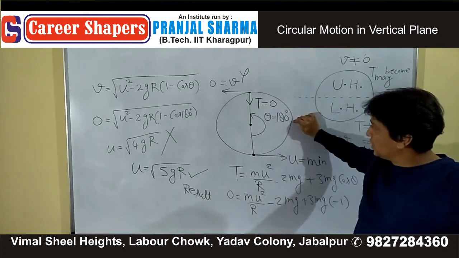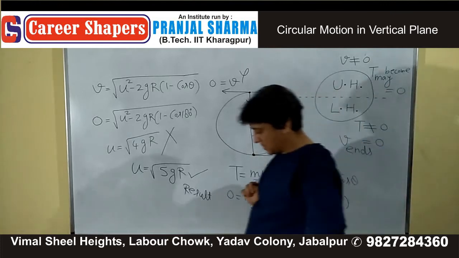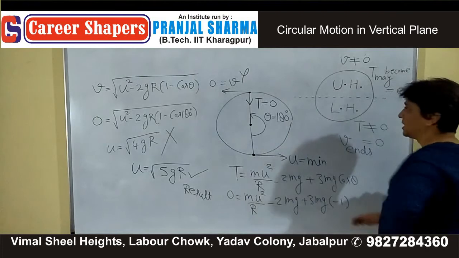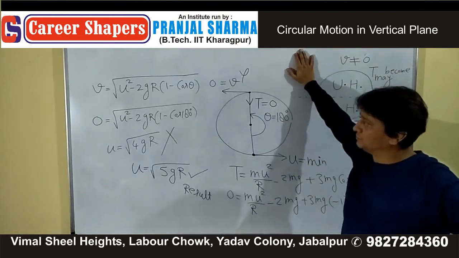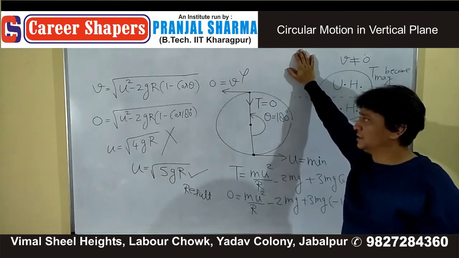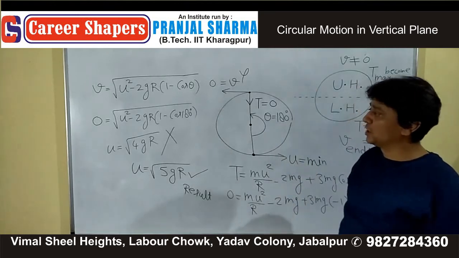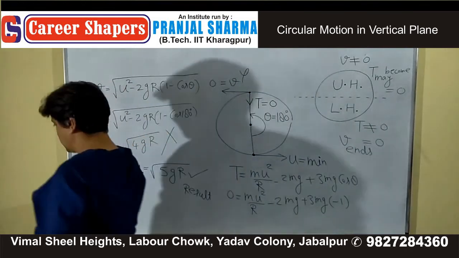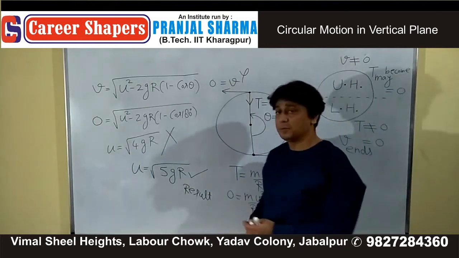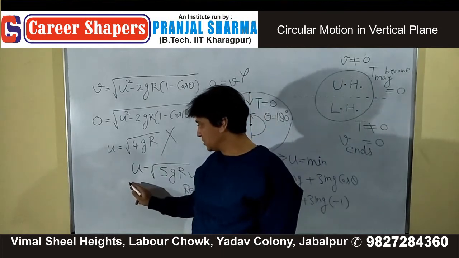It will cross the 1/4 mark, and after that somewhere it will lose tension force, and after that, since only mg is acting, its path will be parabolic, something like this.